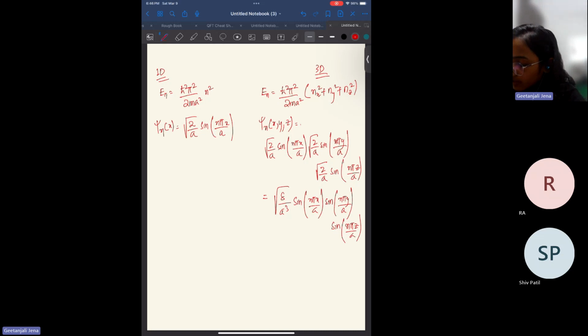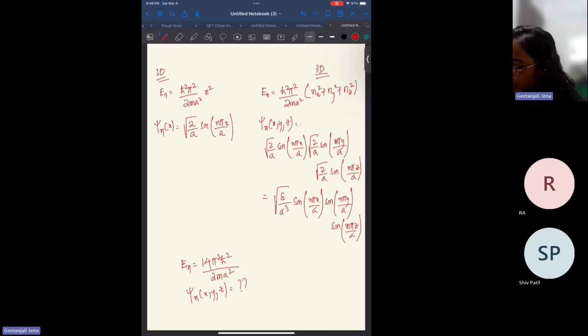So what is given is the energy of this particle in 3D, which is 14 pi square h square divided by 2m a square. Now it is asking about the wave function, and the options are already given to you.